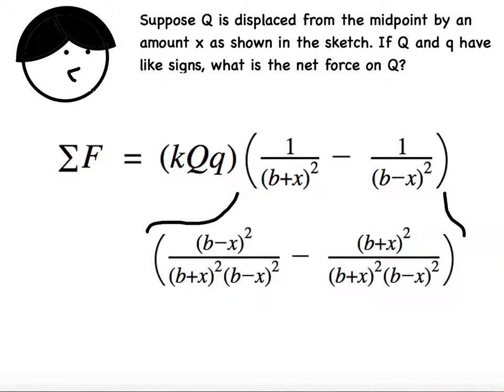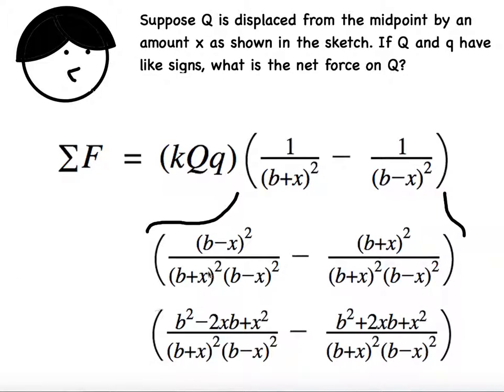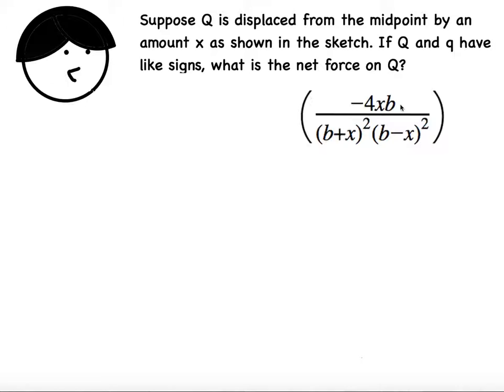Alright, and then we're just going to simplify this portion first. We get the bases to become the same and distribute the squares to get those polynomials. Then you subtract the tops and you get negative 4xb over all this.